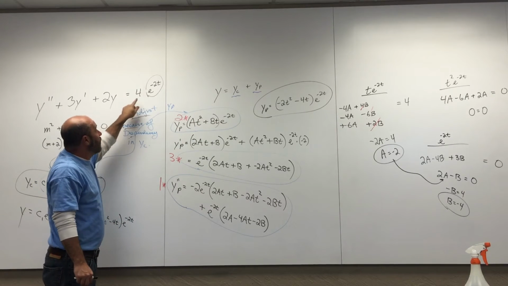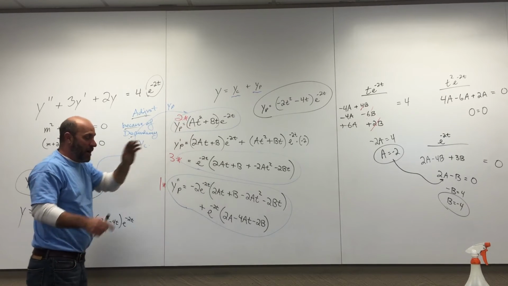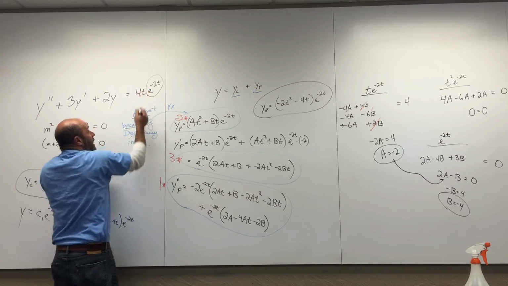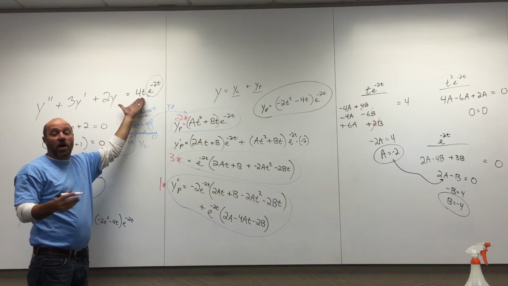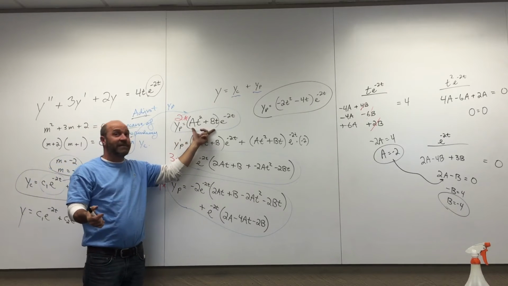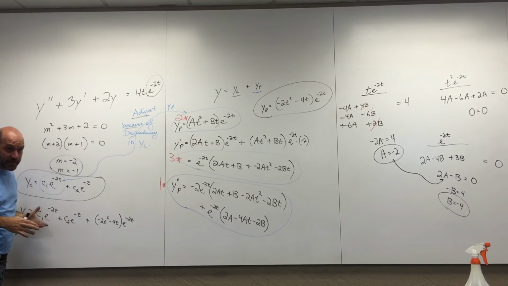If it was just a 4, we would just have an a, e to the negative 2t. So if it was then we might have to adjust it. But what we had was a linear, I had to generalize that and call it a linear function times e to the negative 2t. So I made a general linear function. Then the extra t came in from the dependency, right? Okay.